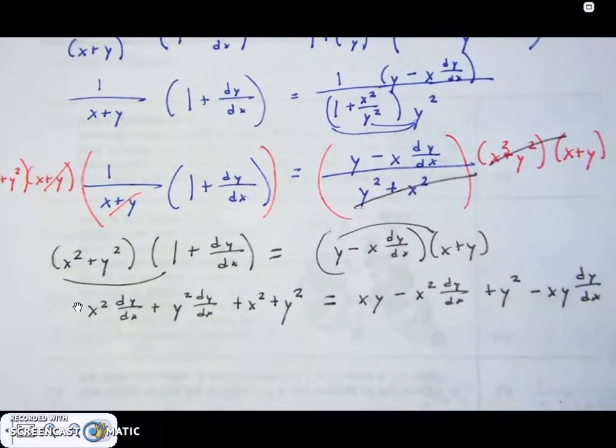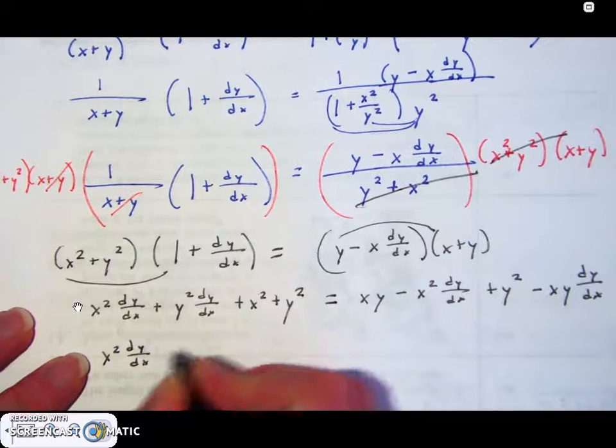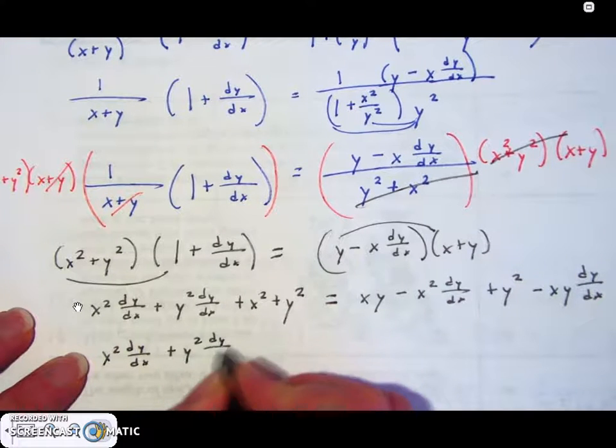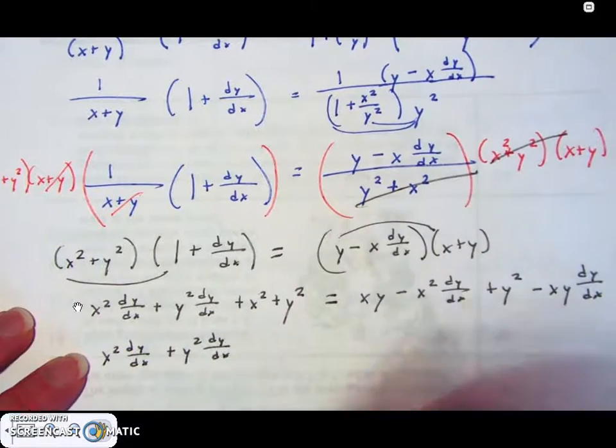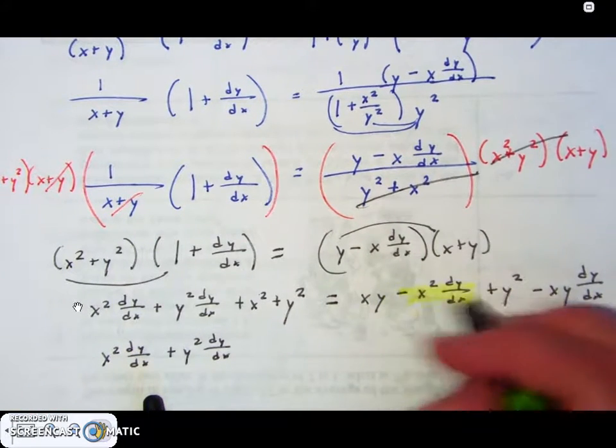Perfectly fine. So all I'm going to do now is gather everything with dy dx. Is the left-hand side all right with y'all? x squared dy dx stays where it is. y squared dy dx stays where it is. I'm going to bring over this guy and this guy.